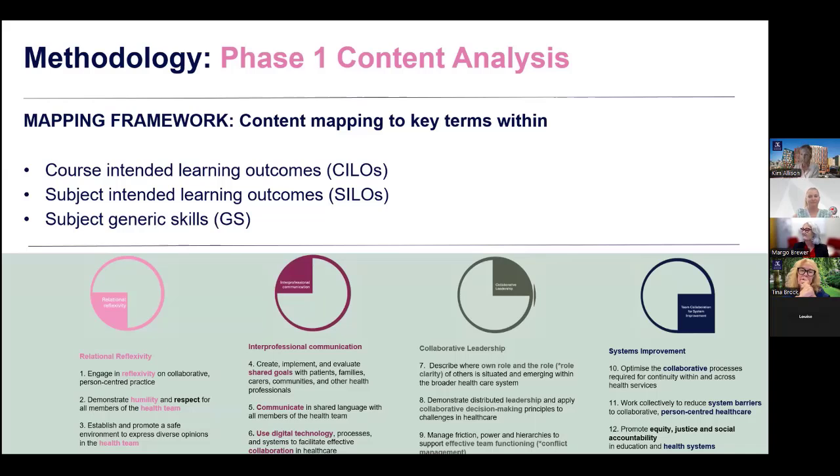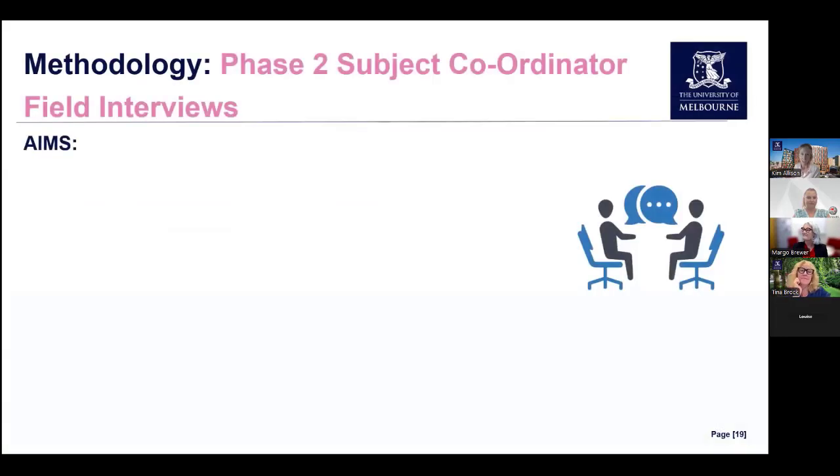You can imagine that the term communication comes up in most health or social sciences subjects, but whether that was interprofessional communication, the next step was to speak to the subject coordinators. So this was a very wide first pass, which was good. And then we stepped on to the stakeholder engagement, which essentially was field interviews with individual subject coordinators.